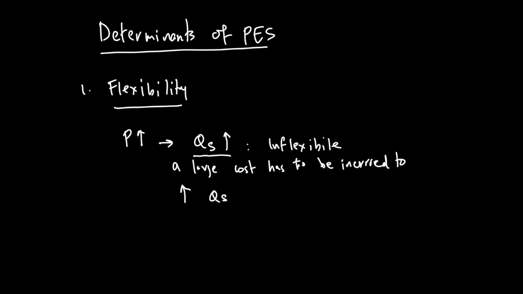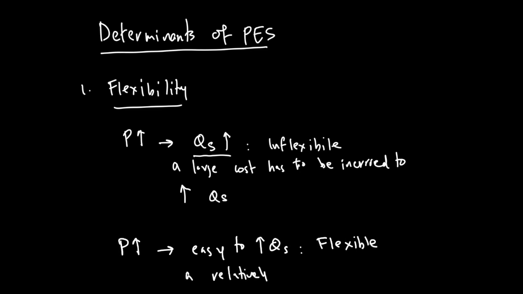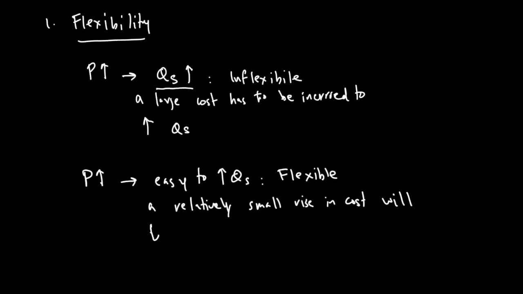On the other hand, if I am increasing price and it's easy to increase quantity supplied, then we are flexible, and that would mean a relatively small rise in cost will take place. Let me give an example.